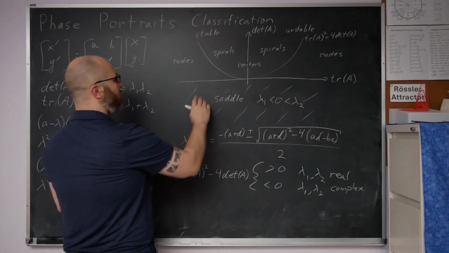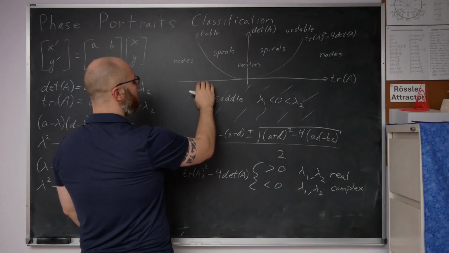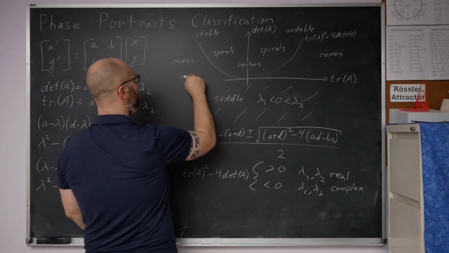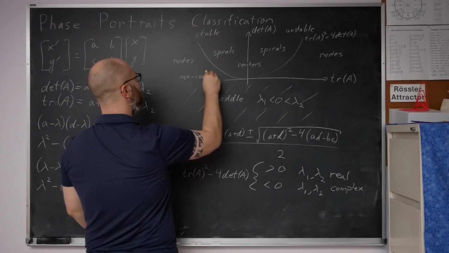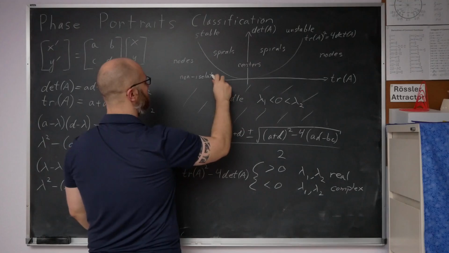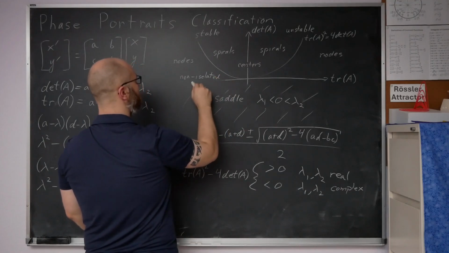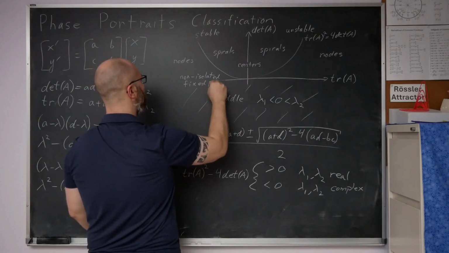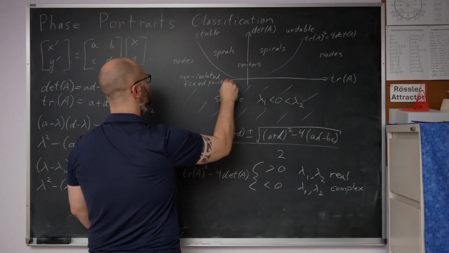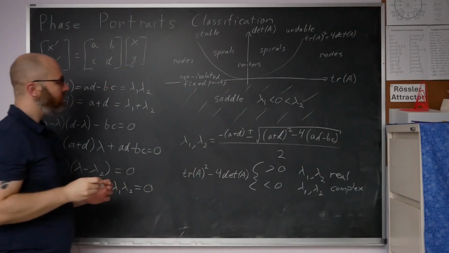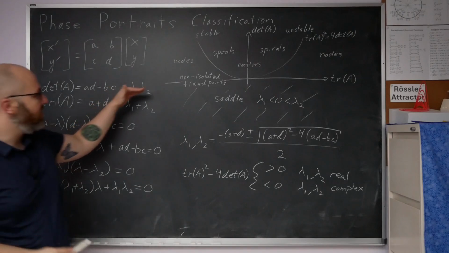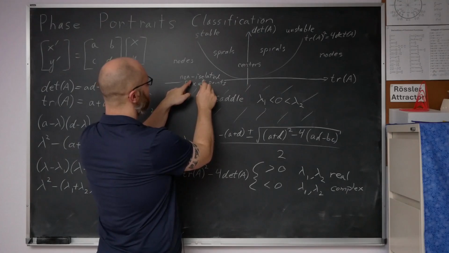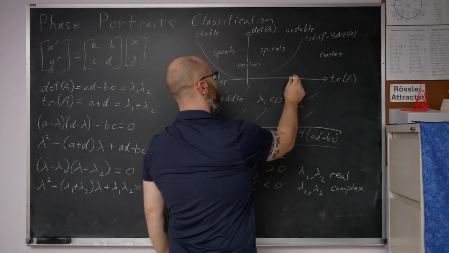So that's actually all occurring on the trace of A axis. Non-isolated fixed points, and it's occurring on both sides. It's the entire trace axis. So stable non-isolated fixed points here, unstable non-isolated fixed points here.